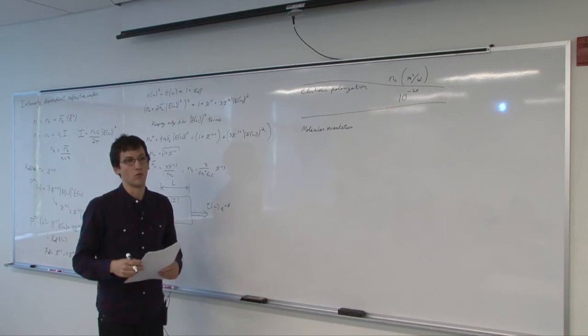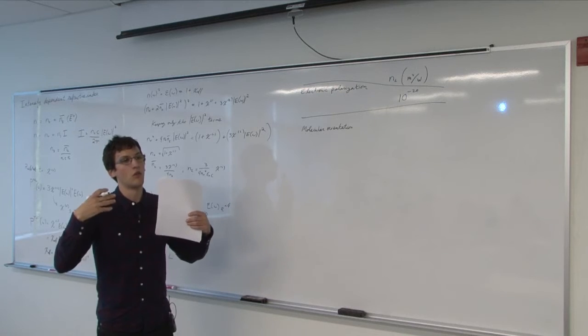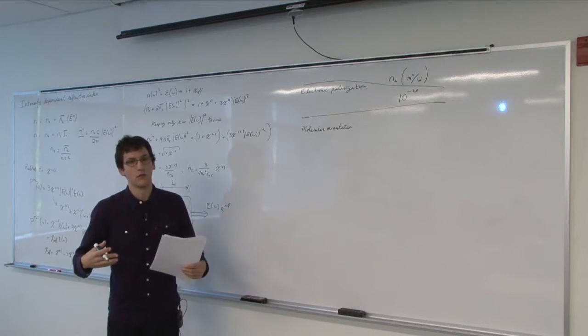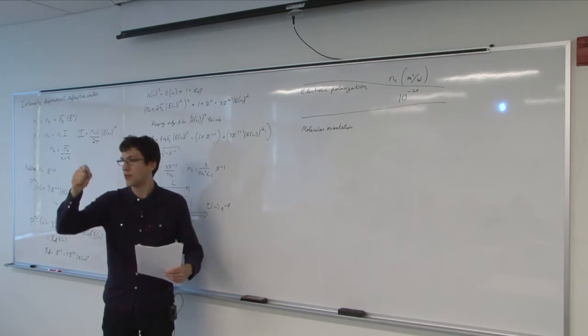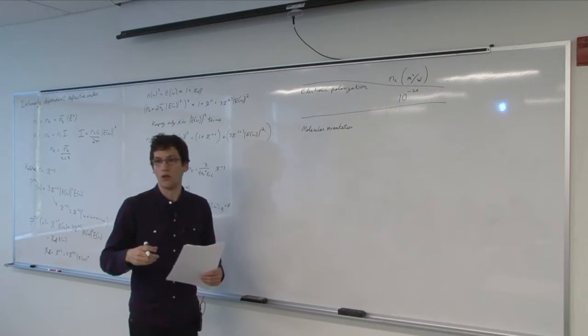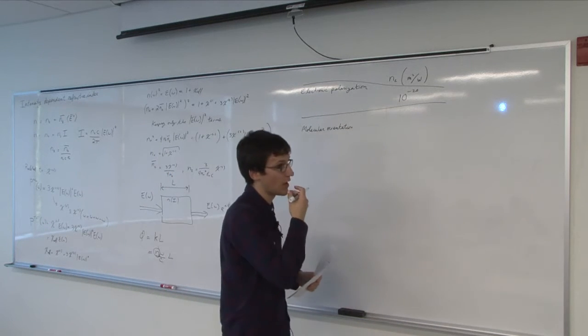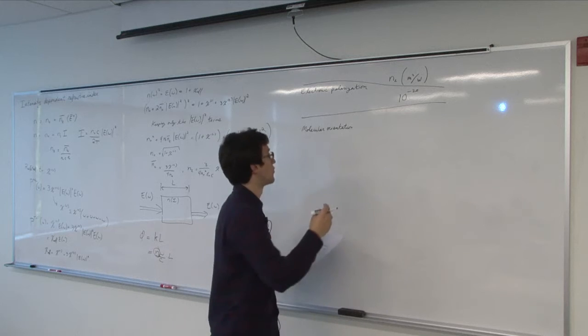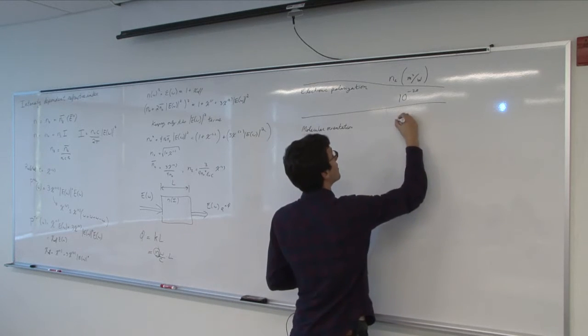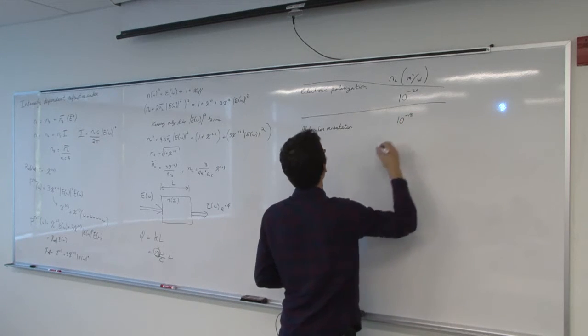And this alignment, or rather how the response of the medium depends on this alignment of the molecules, will give an intensity-dependent refractive index. So here, 10 to the minus 18.